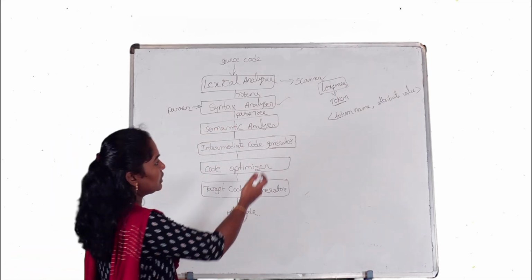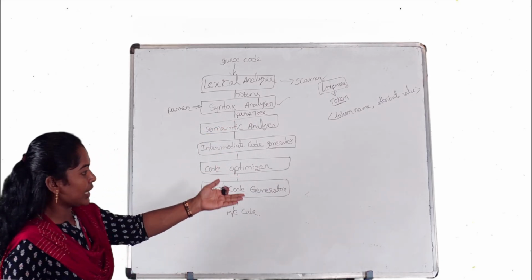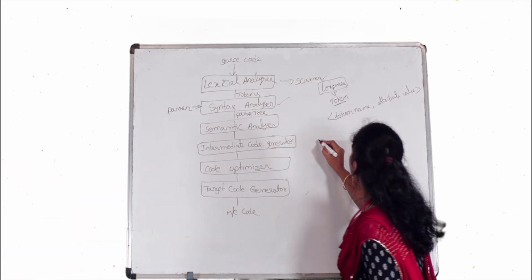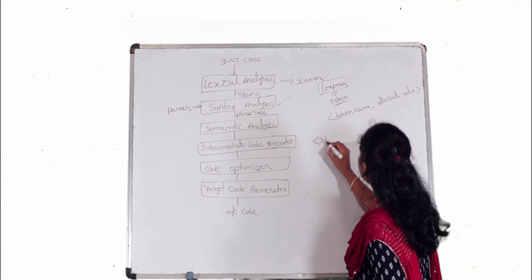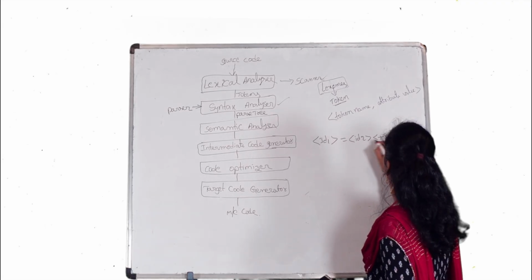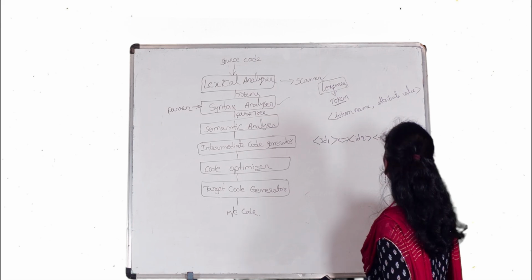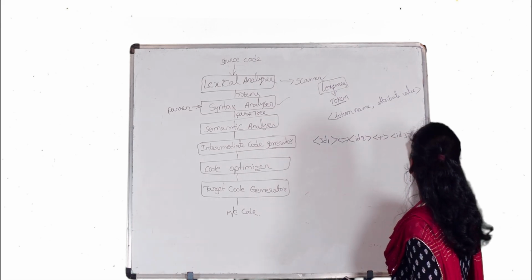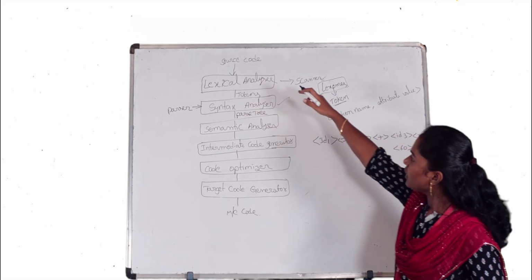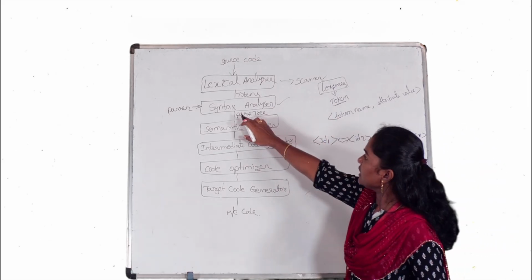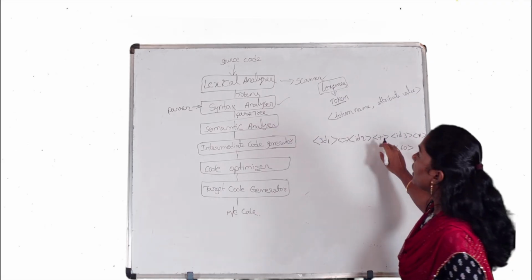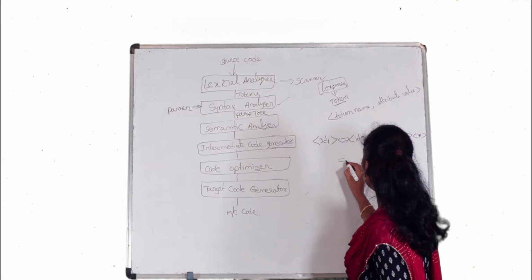Whatever the tokens are, ID1, ID2, ID3 and different operators, it can be represented like ID1 equals to ID2 plus ID3 star 60. This is the output of the lexical analyzer. The syntax analyzer takes it as input and generates a parse tree for these tokens. How will it generate?